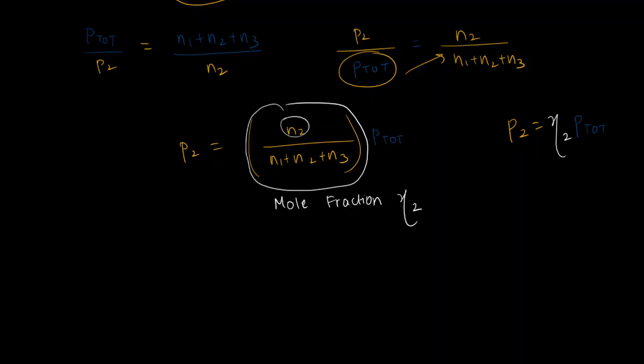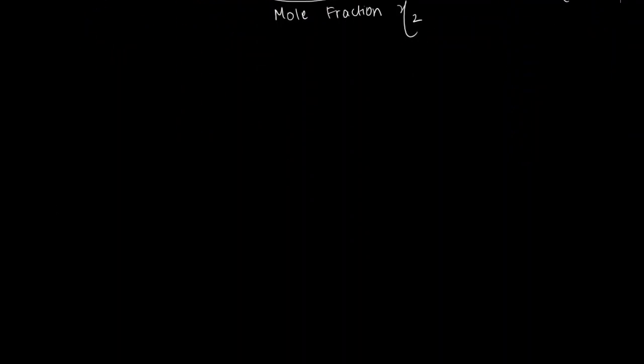So you can get P1 is equal to chi1, the mole fraction of gas 1 in the entire mixture, times P total. Similarly, you can get this for P3 as well. And you can extend this to any number of gases you want. You can have 1,000 gases in there and it will work the same.